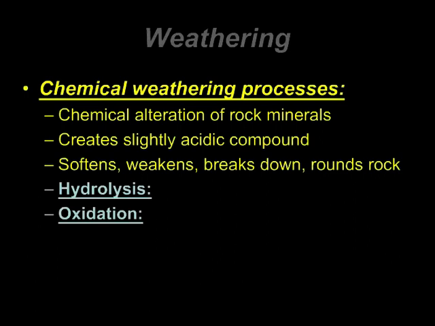We're not really going to talk too much about them here in G107 because essentially these are things that don't occur as much here. But the basic idea with hydrolysis is you have water plus another substance equals a new compound, and it's typically clays that are produced. Oxidation, we can relate to that if you ever think about rusting of a car or a grill.